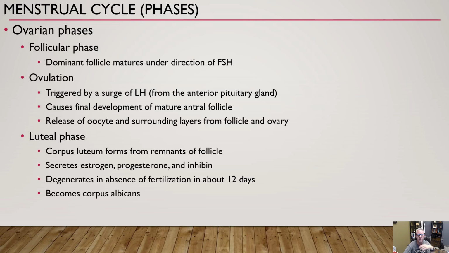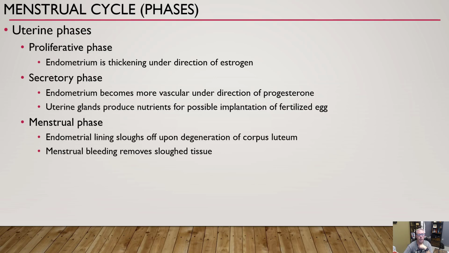The luteal phase is that corpus luteum that forms from the remnants of the follicle, and it secretes estrogen, progesterone, and inhibin. If the egg cell is not fertilized, then that oocyte will degenerate in about 12 days and become a corpus albicans. Now, in your uterine phase, there are three phases: the proliferative phase, the secretory phase, and the menstrual phase.